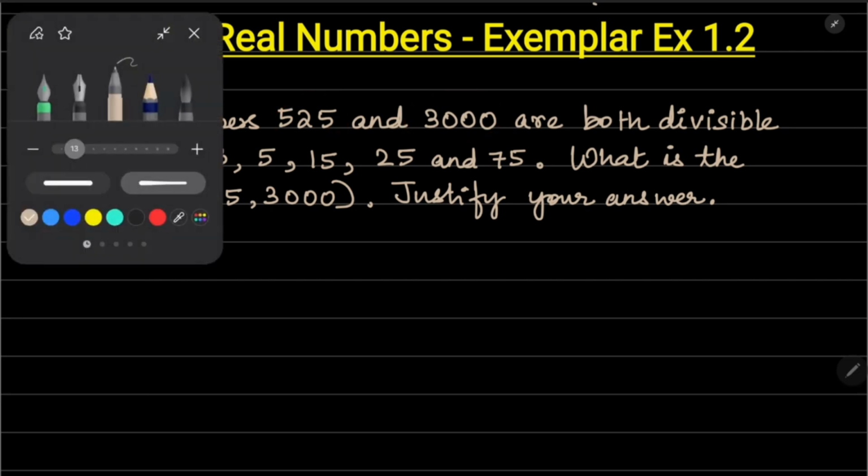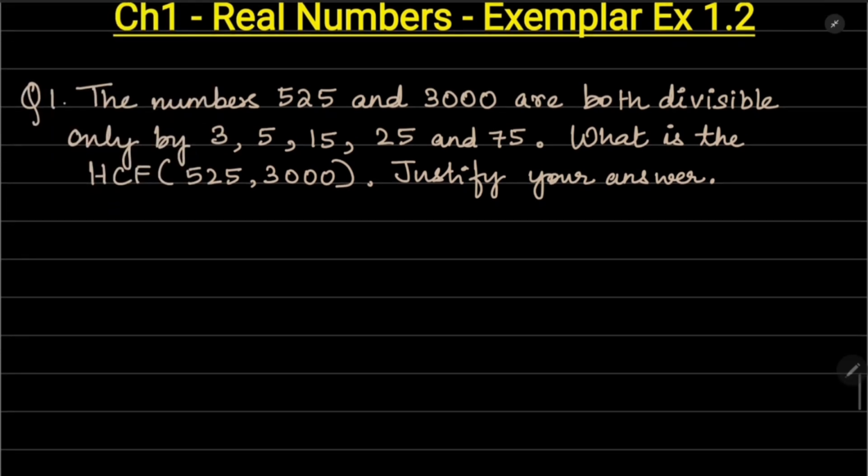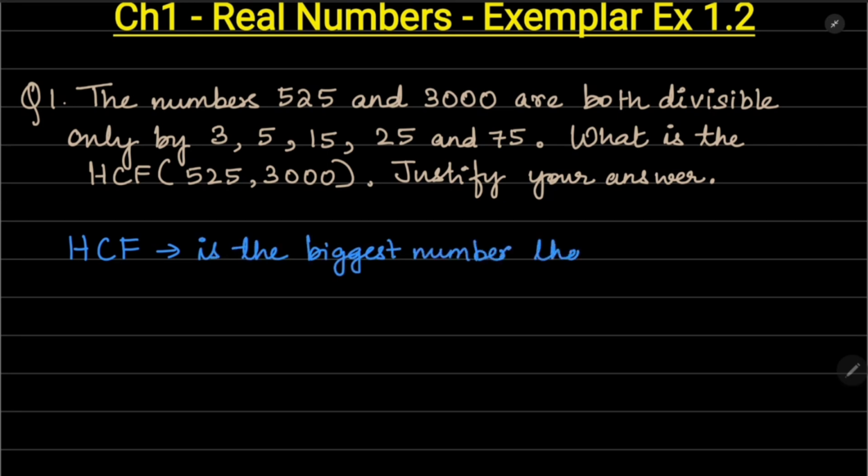Okay, so let's write that very clearly, because you have to justify your answer. So HCF, or the highest common factor, is the biggest number that can divide both 525 and 3000.